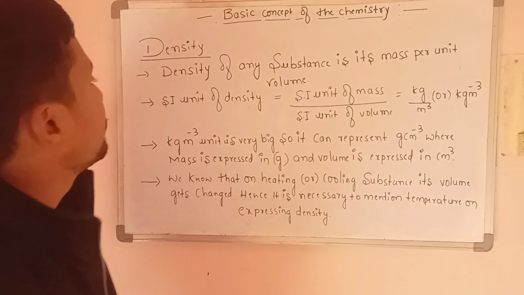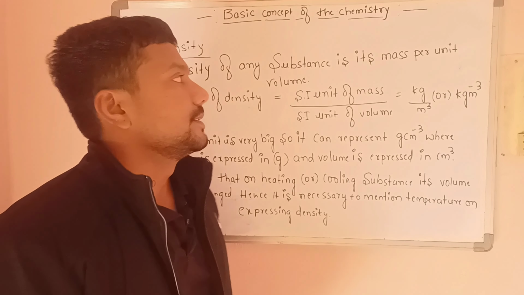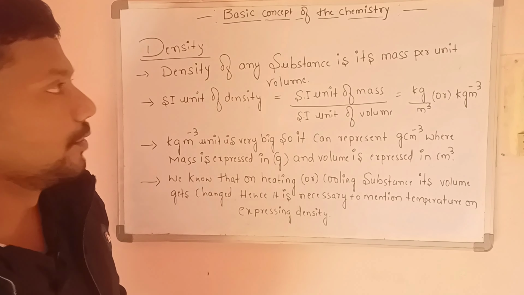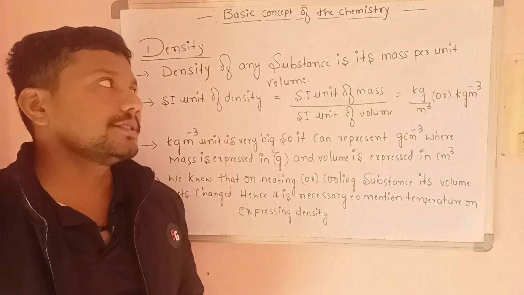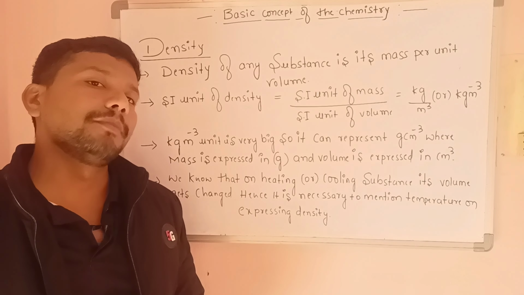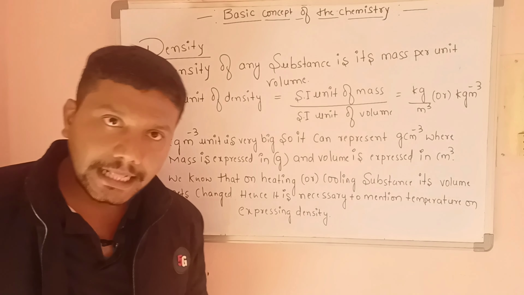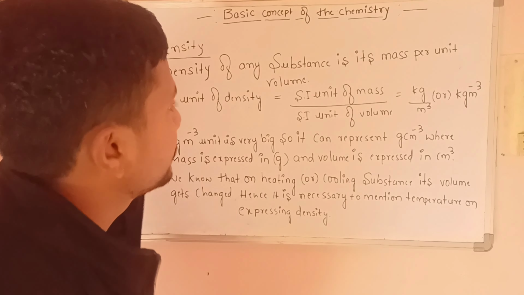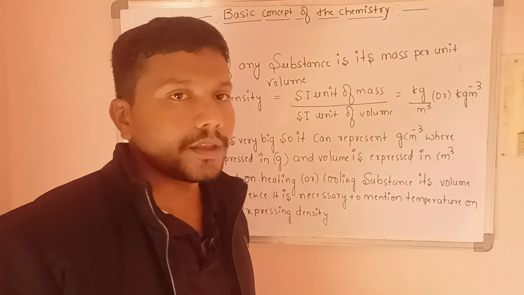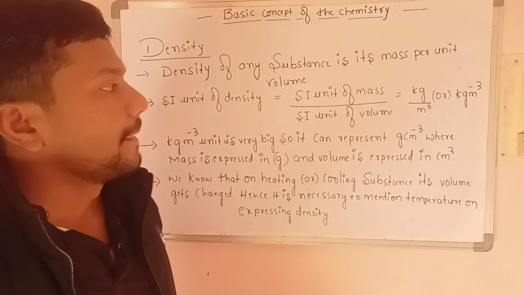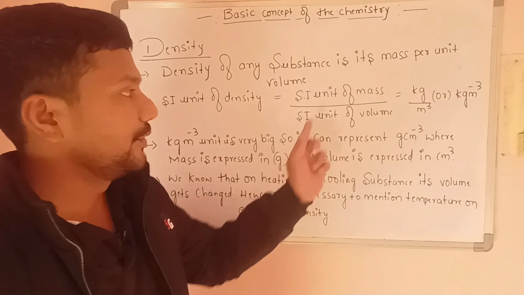Here I wrote some points regarding density. The density of a substance is its mass per unit volume. What is meant by density? Density means mass per unit volume, or mass divided by volume. If you want the SI unit of density, we divide the SI unit of mass by the SI unit of volume.